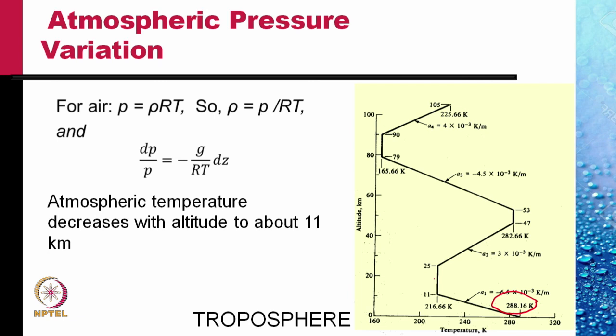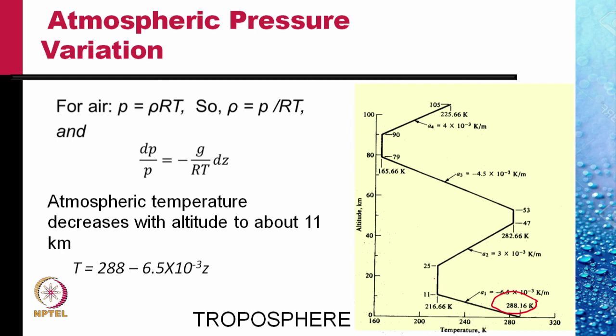Compare the height 11 kilometers with the height of Mount Everest, which is only about 8 kilometers. So troposphere is present up to a height of Everest and beyond, and a couple of kilometers beyond that. Most of the flights take place in the troposphere.